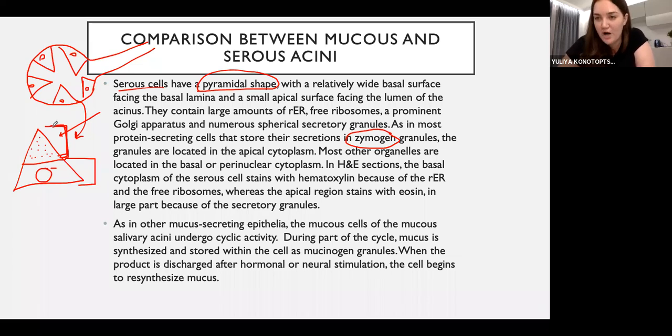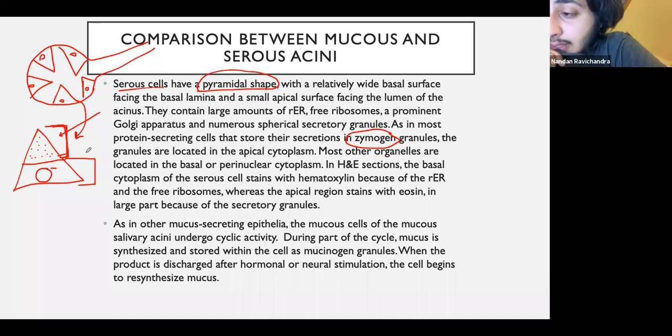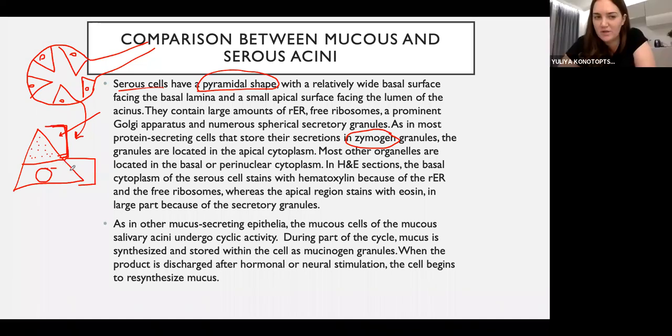So which kind of charge do they have? Negative? Positive. Okay, if it was negative, they would also be basophilic, right? So they will have a positive charge. The majority of proteins have a positive charge, with just some exceptions having a negative charge. So who would want to come and stay in here? Eosin. So this is why this area is red.